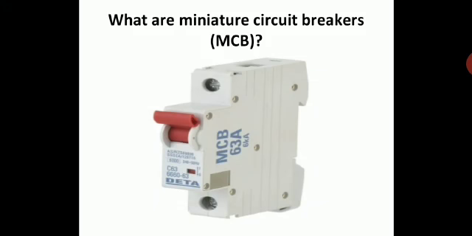Now we are going to see the next important part of the chapter, that is the fuse which we have discussed. We are going to learn about the advanced type of fuse which we are using nowadays.